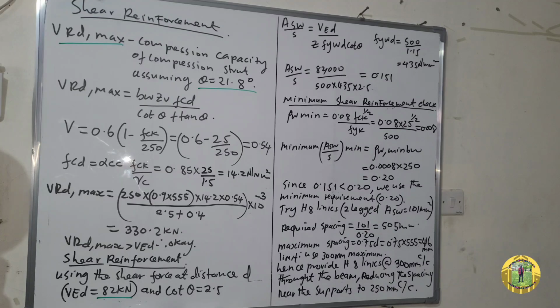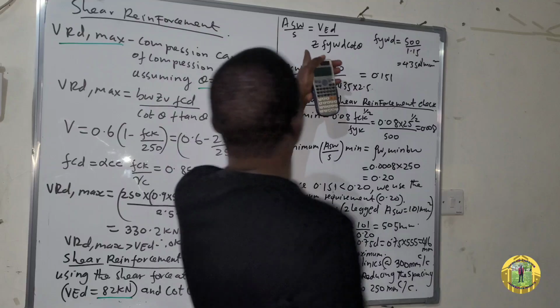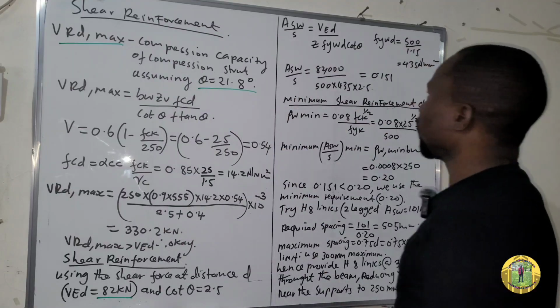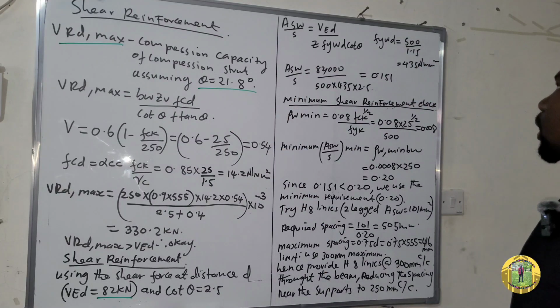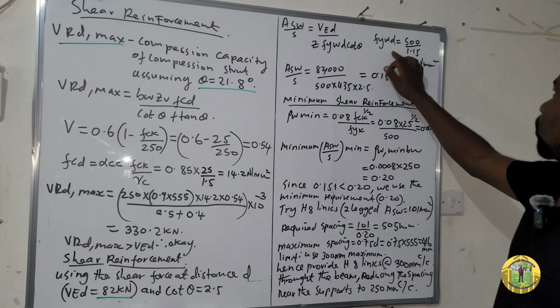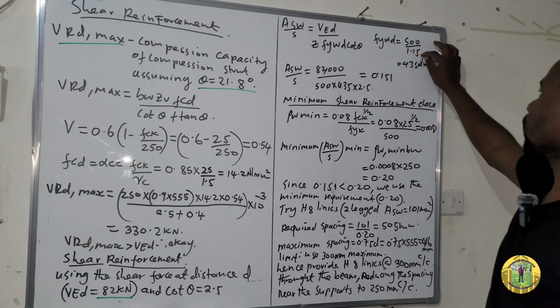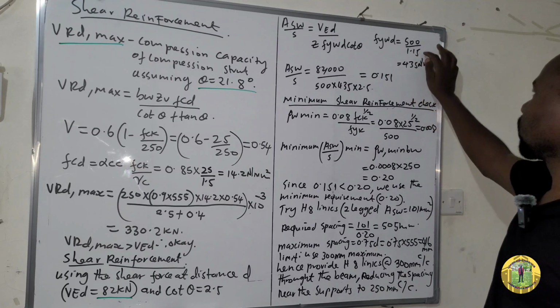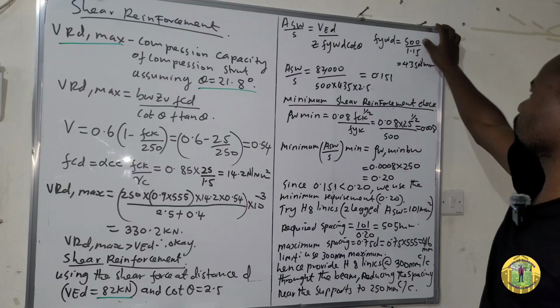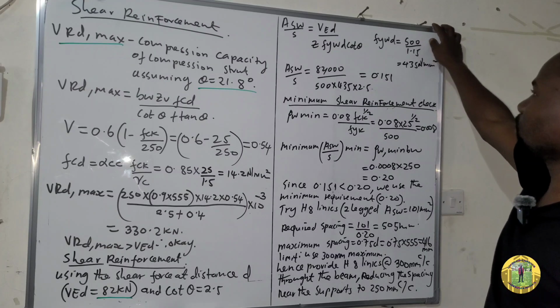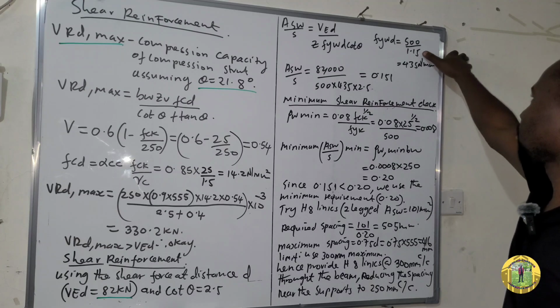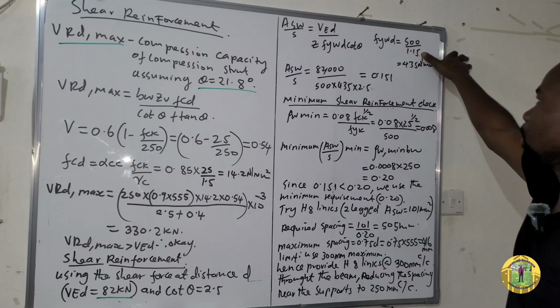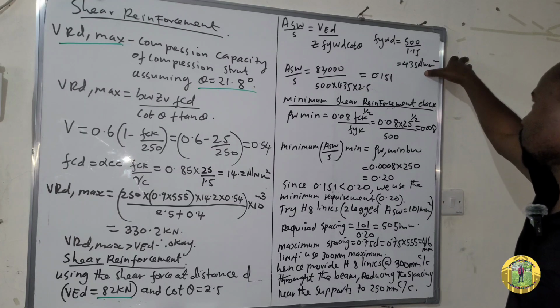So ASW over S is equal to VED over Z FYWD cot theta, whereby FYWD is 500 over 1.15. 500 is the strength of steel. This is 500 Newton per millimeter square. And 1.15 is the partial safety factor for steel. So you'll get 435 Newton per millimeter square.